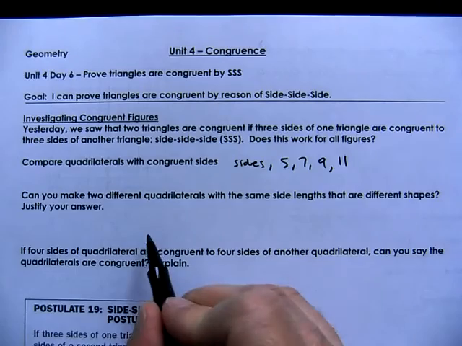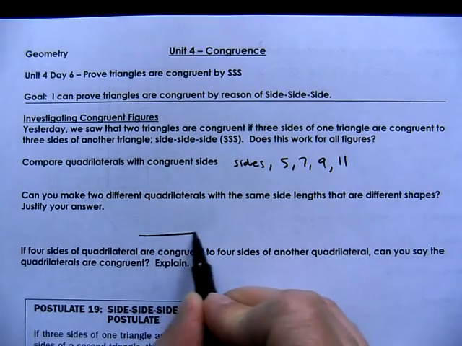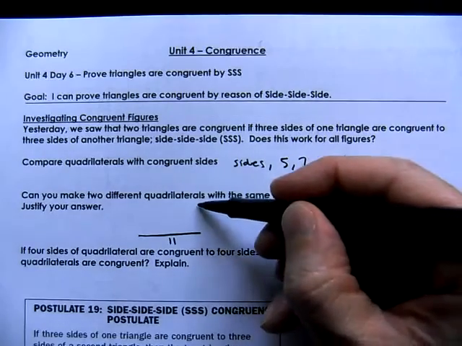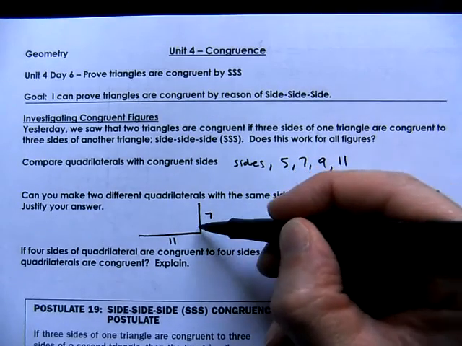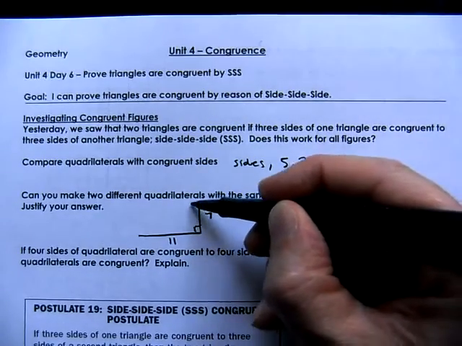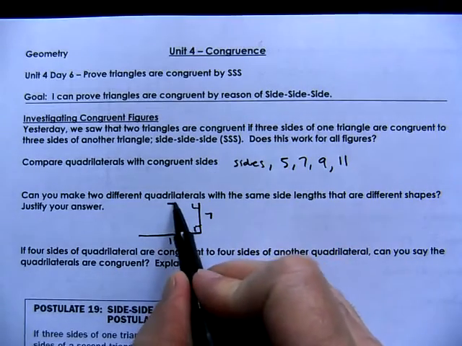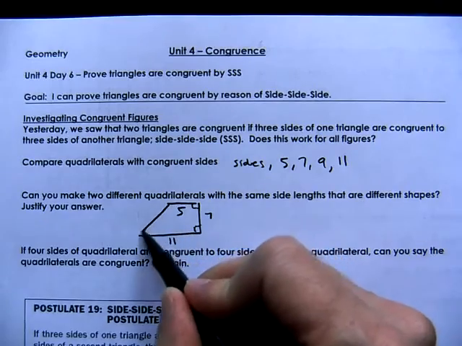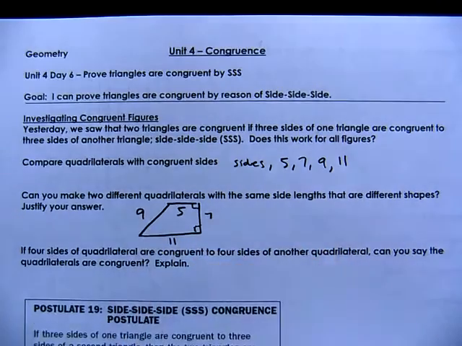So let's start off with drawing a trapezoid, and let's put the big side of 11 on the bottom, and then I'm going to put the side of 7 on the right, so we'll make that little right trapezoid. And then here's the shortest length of 5 at the top, and then on the left side there's a slanted side of 9.